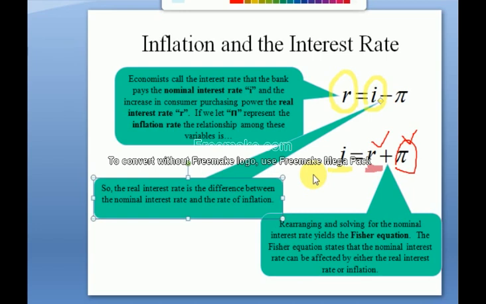At the end of the year, I will receive 10,000 on that 1 lakh as interest. So this 10% is called nominal interest, and the 10,000 I am receiving is the nominal payment.